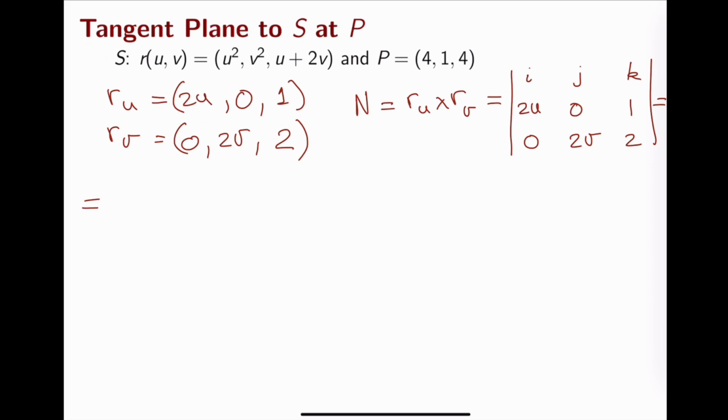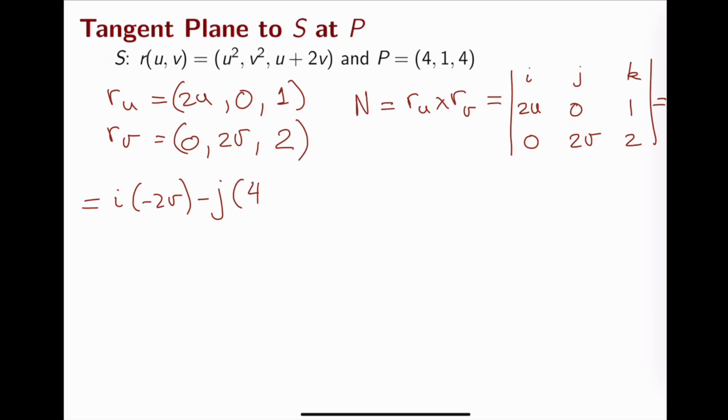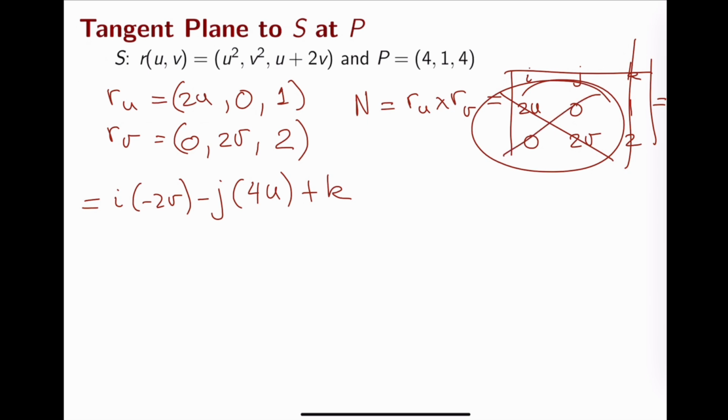So let's start. The first one will be i multiplied by this, that is 0 minus this. So this is i times just minus 2v. Minus j, we eliminate this column and this, will be this times this minus 0. So that will be j times 4u. Plus k, we eliminate this, will be just this minus 0.